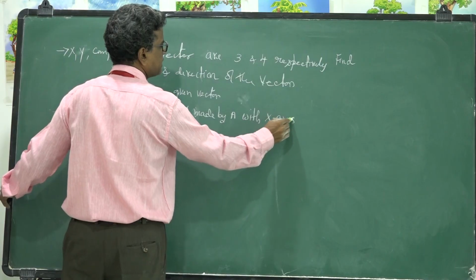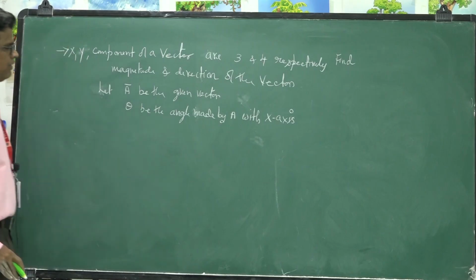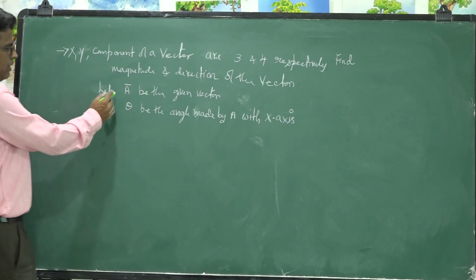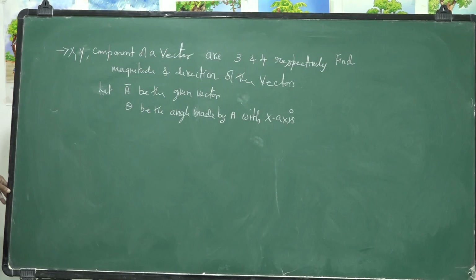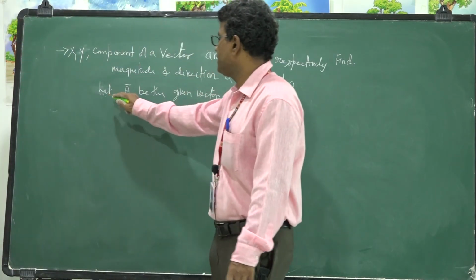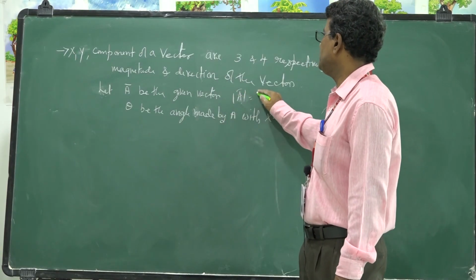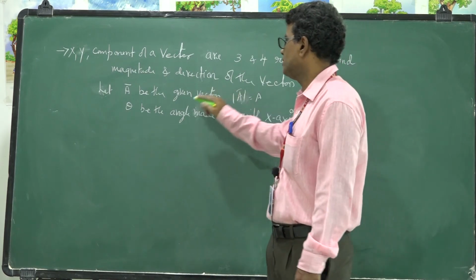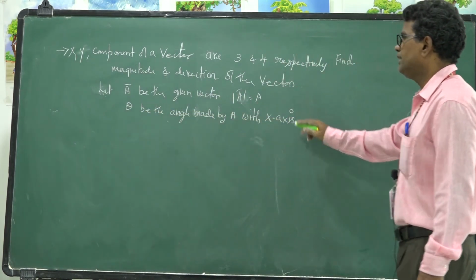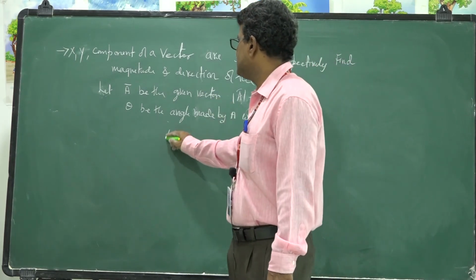We take the x axis as the reference to measure angles. We don't know in which direction the vector lies, so let us assume A bar is the given vector, its magnitude is A, and theta is the angle made by the vector with the x axis.